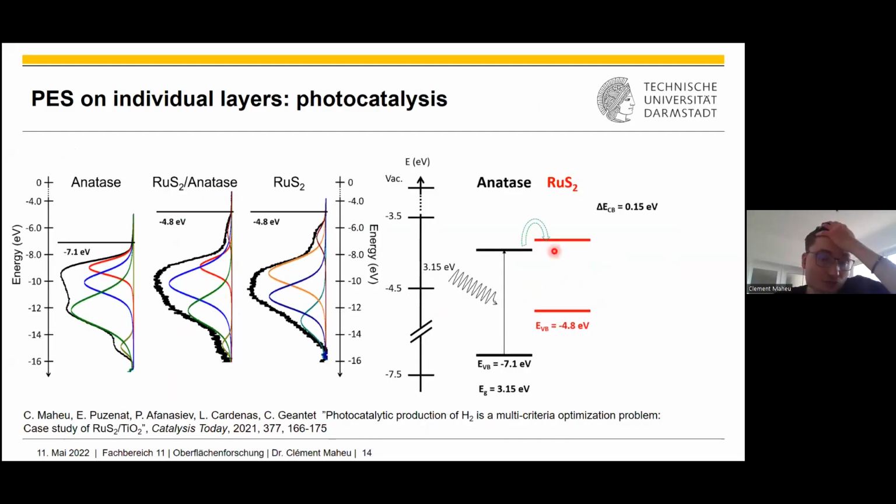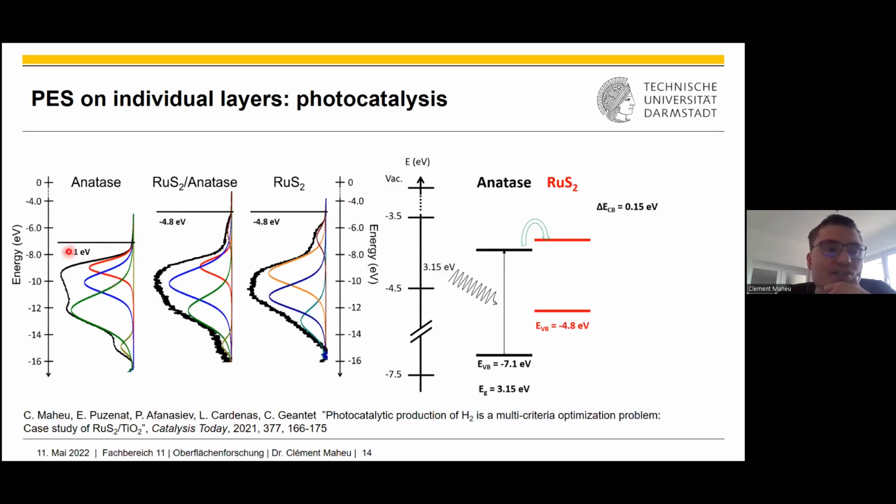So I don't want to spend too much time on it, but just to mention that I worked during my PhD on other solar energy materials. I worked on photocatalysis, and I did similar study using UPS on powders this time to study titanium dioxide and the transition metal sulfide that I support on it to produce hydrogen. So I used this material to do some photocatalytic production of hydrogen.